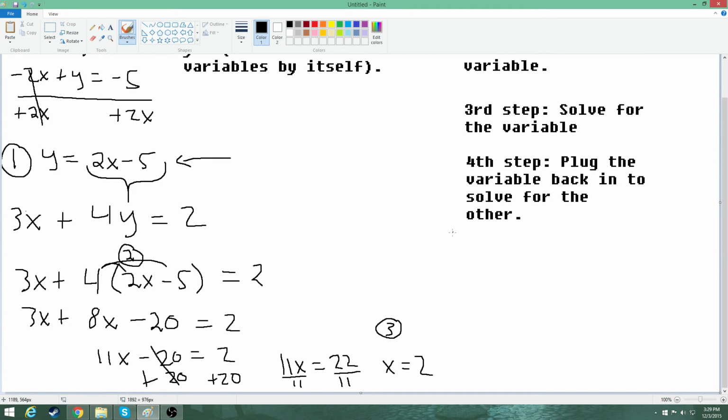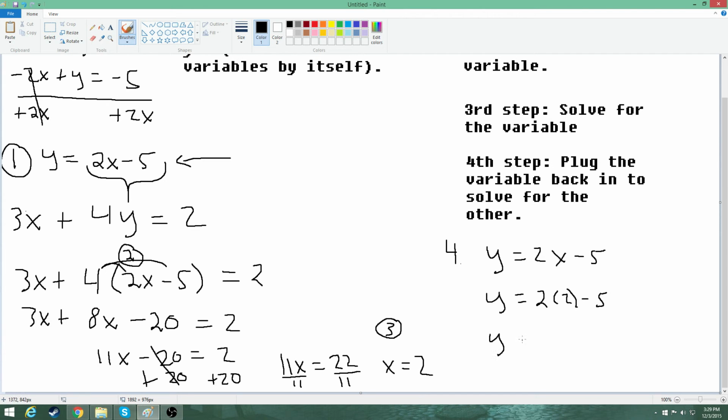Okay. And step 4. We had y equals 2x minus 5. We're going to plug in the 2 for the x. Minus 5.